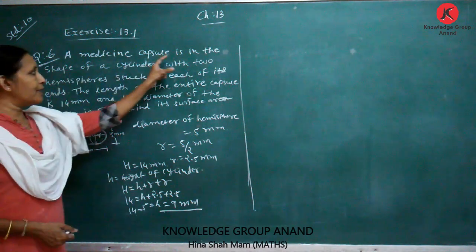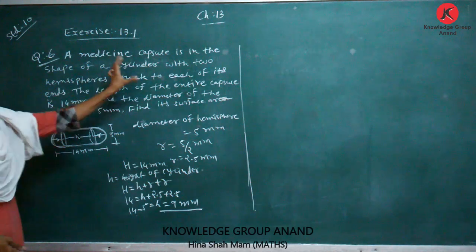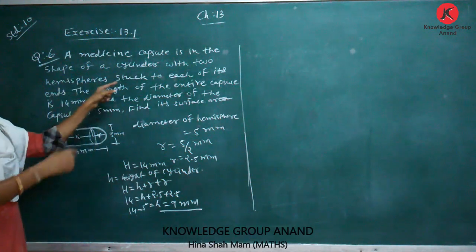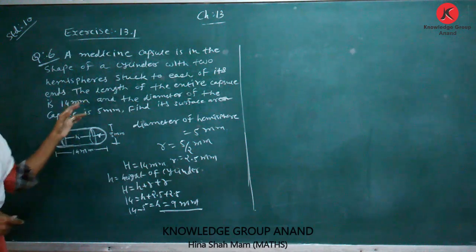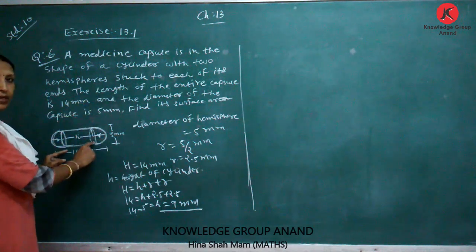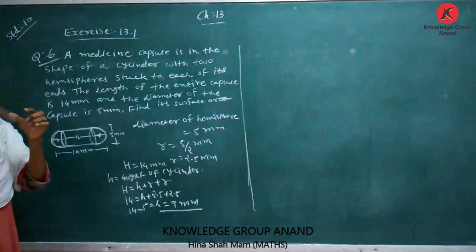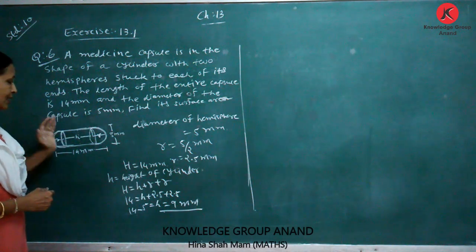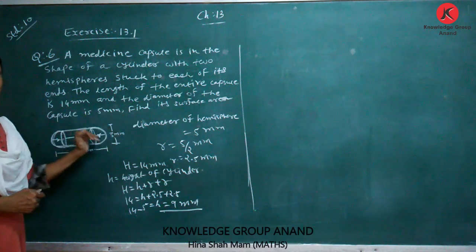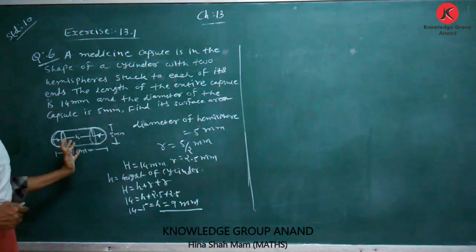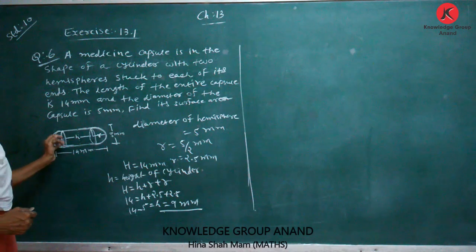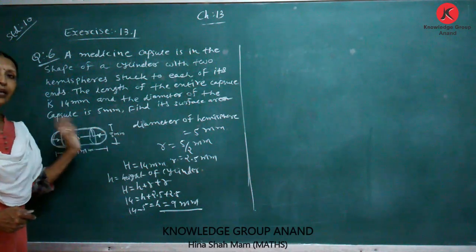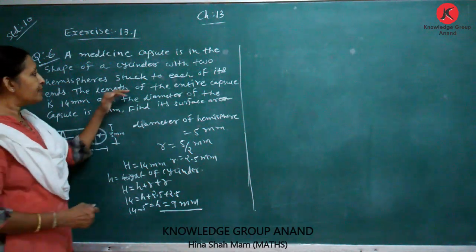Again, a medicine capsule is in the shape of a cylinder with two hemispheres stuck to each of its ends. We show our capsule like this: the middle shape is a cylinder and the ends are hemispheres.